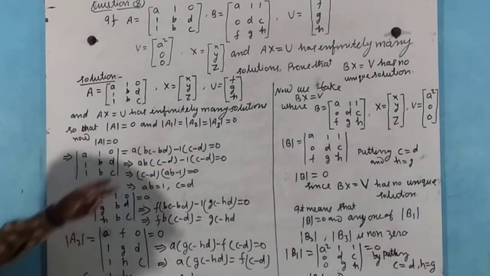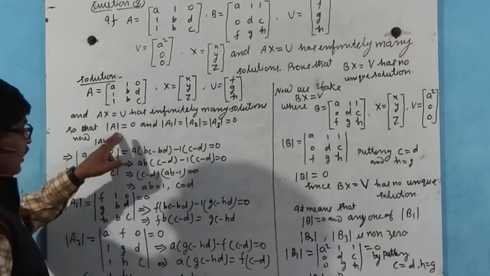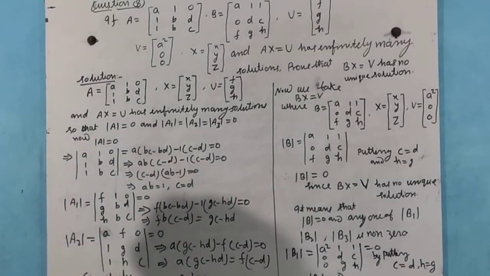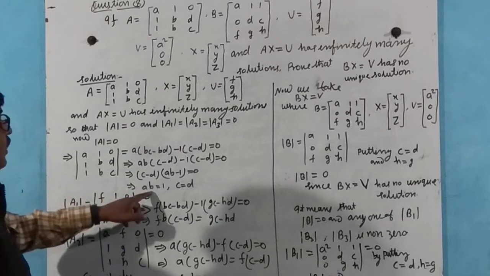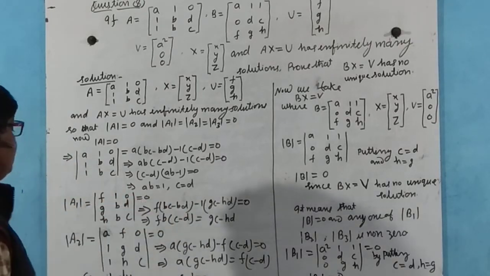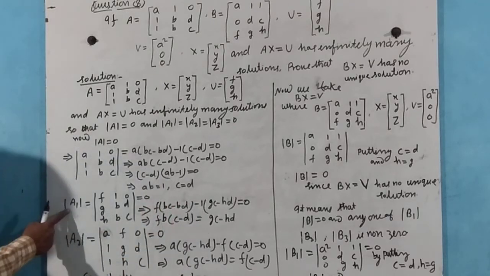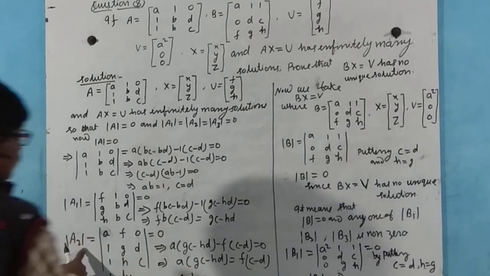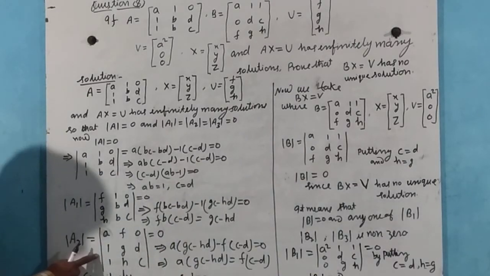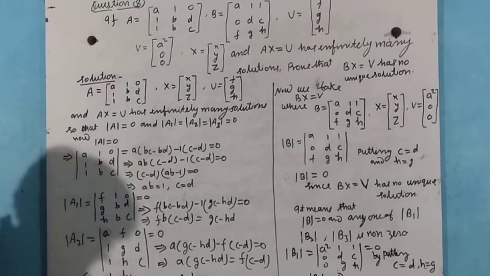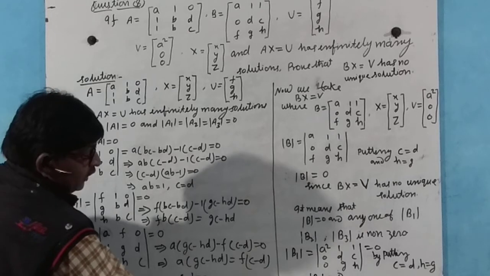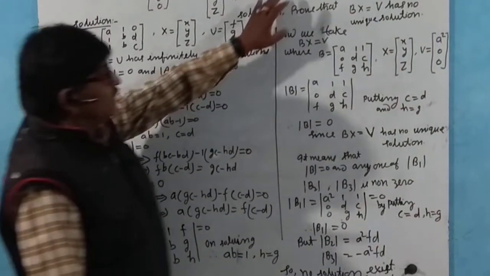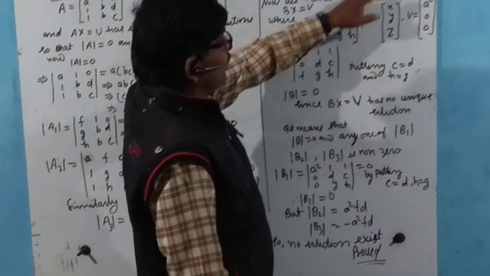So in this case delta equal to 0, delta 1, delta 2, delta 3, and in place of this we use the notation A. So determinant A equal to 0, and we get the result that AB equal to 1 and C equal to D. A1 equal to, solving this, F B C minus D, and A2 equal to this, and A3 equal to, solving this, AB is equal to 1 and H is equal to G. These are the conditions we get with the help of this, and applying this, we prove that BX is equal to V has no solutions.